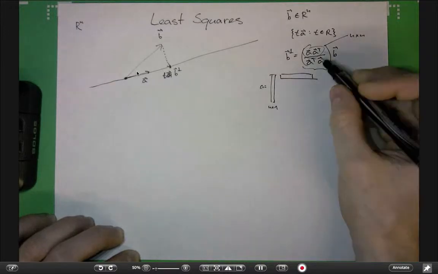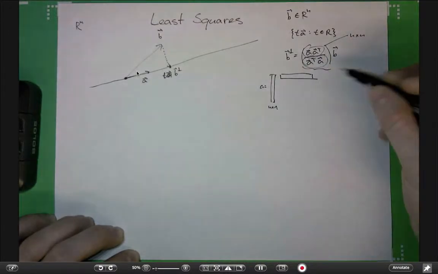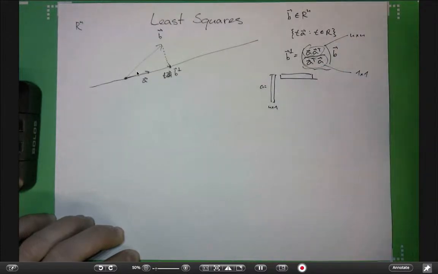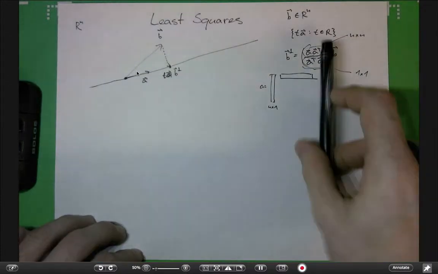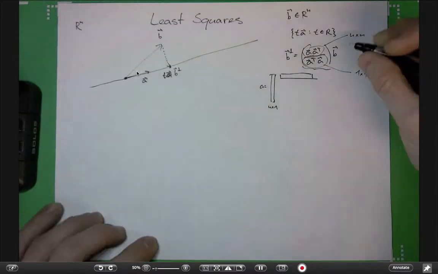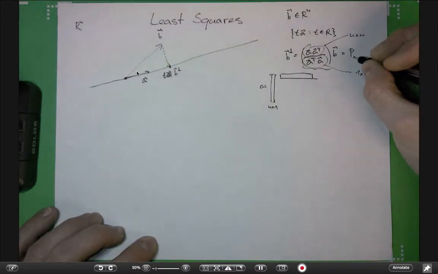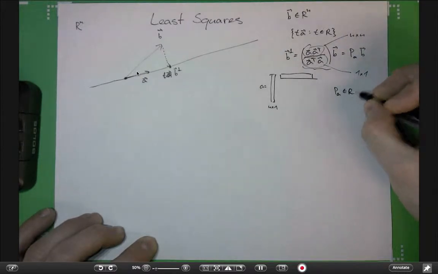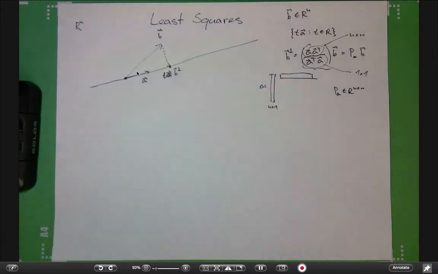What is this thing down there? That's just a dot product of a with a. So this is just a 1 by 1 matrix, or just a scalar, right? So this is just a scale applied to this matrix. I could also write it as P_a b, where P_a is an n by n matrix, which is called a projection matrix, a projection operator.